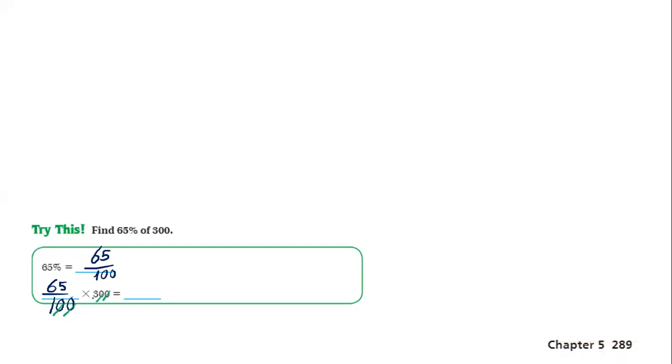So 3 multiply 65. 3 multiplied by 5 equals 15, 5 and 1 up. 3 multiplied by 6 equals 18 plus 1, 19. It will be 195. 195 is the correct answer. Excellent, my dear son Hassan. You know everything. You need only to focus to understand. I know you're a smart student.